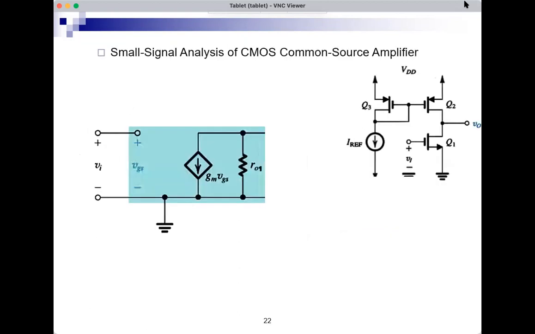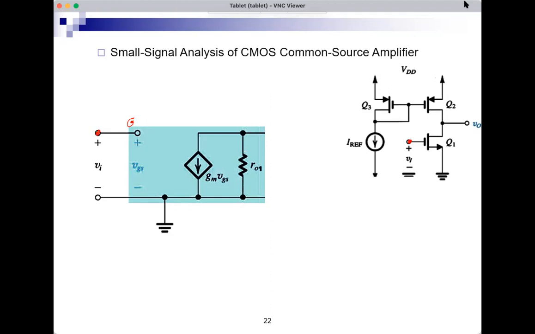This is my circuit, and here I am doing the small signal equivalent circuit, and I am showing so far the input voltage. So the input voltage is here at the gate, and we see it here. That's the gate, this is G. And the MOSFET is shown with its gm, vgs, and ro.